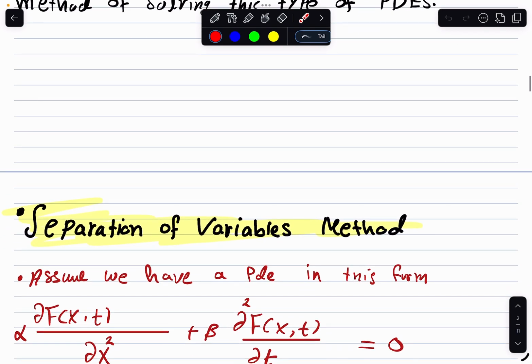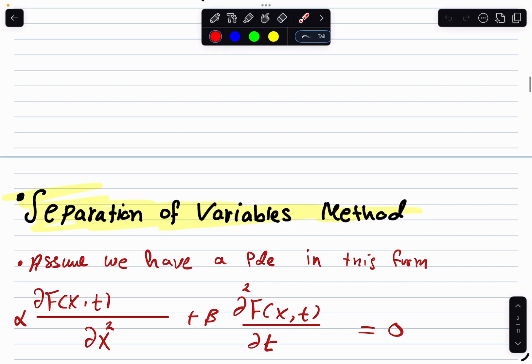The method is called the separation of variables method. Basically, if you have a partial differential equation that can be written like this, now this is just a random shape for the PDE. It could be any other shape, but as we can see, it should be linear.